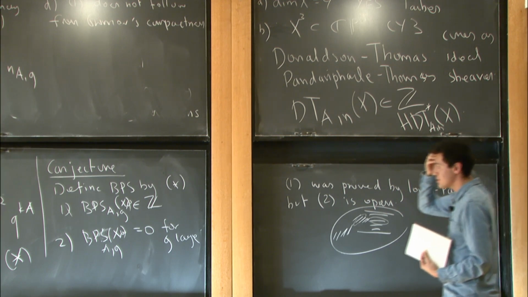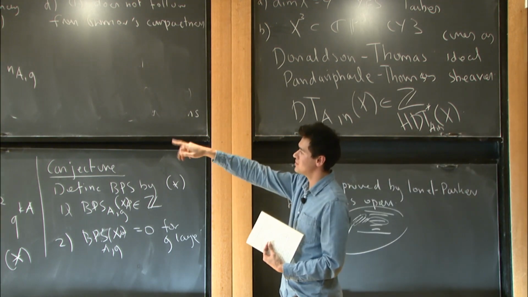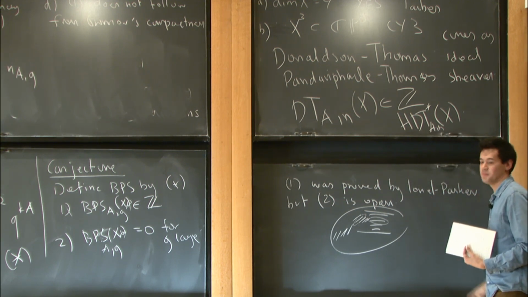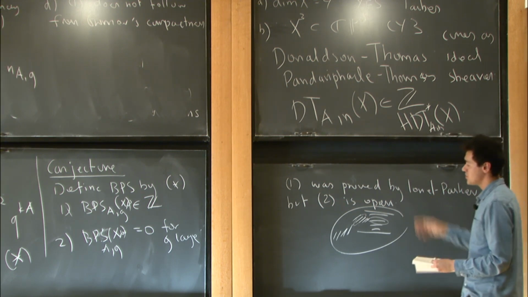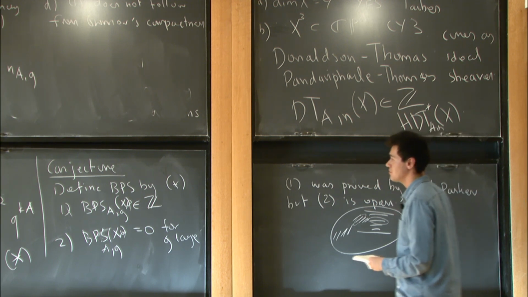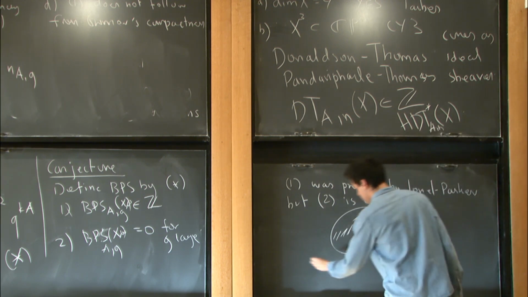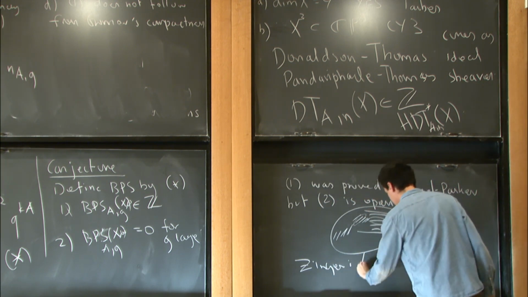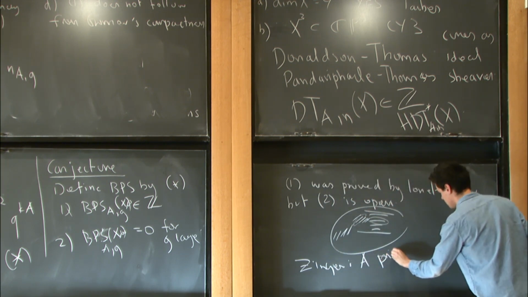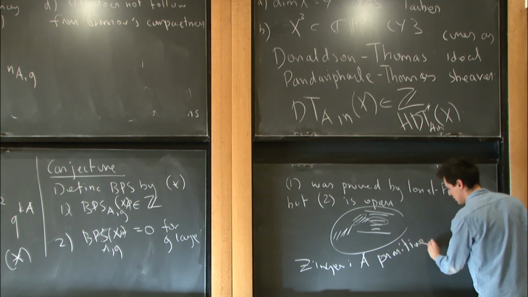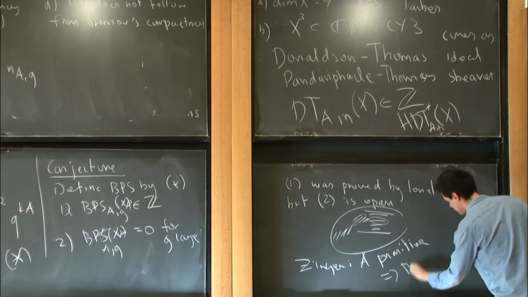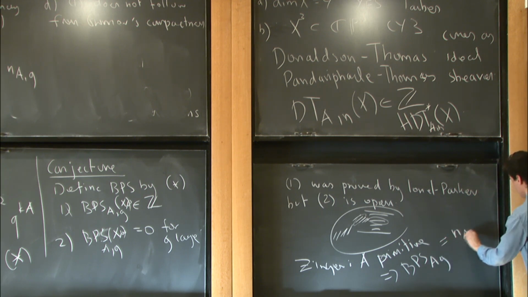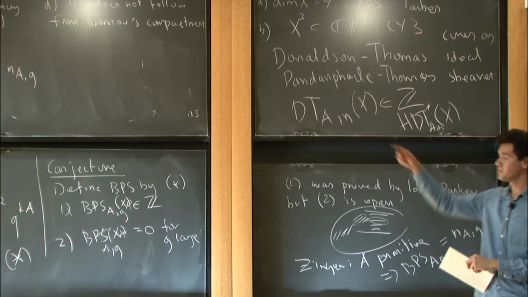So in some sense, our theorem 1 says that in some situations, this situation cannot happen. So how is it related to this Gopakumar-Vafa conjecture? So Zinger proved that if A is primitive, then the BPS_{A,g} is equal to this N_{A,g}, which I wrote over there.